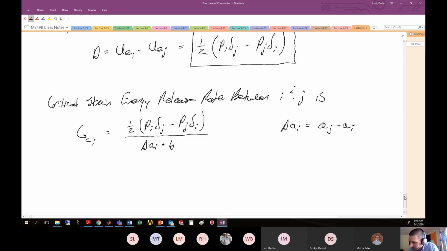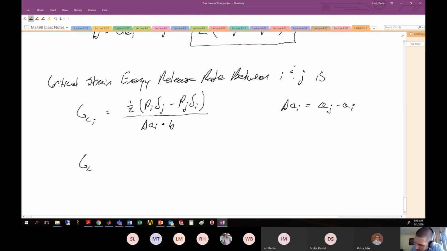All right, we can rearrange this for a more elegant look, and this is what is usually presented in textbooks, and that is 1 on 2B delta A, multiplied by (PI delta J minus PJ delta I).